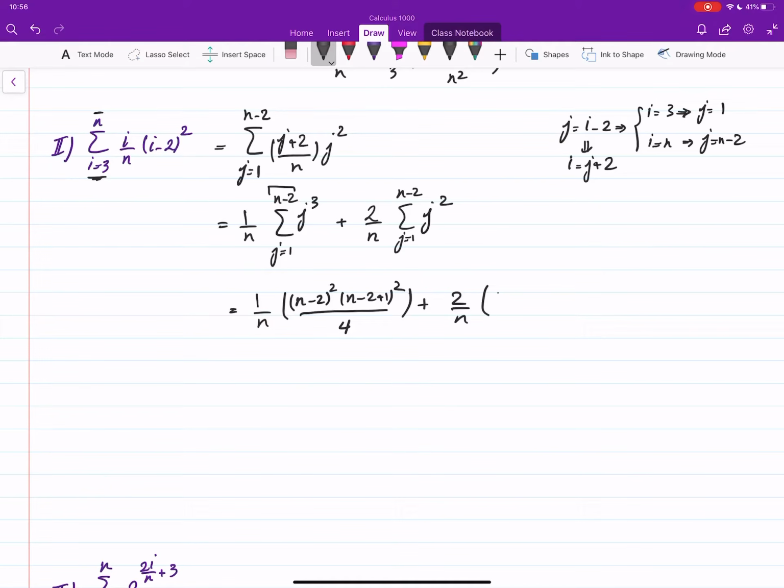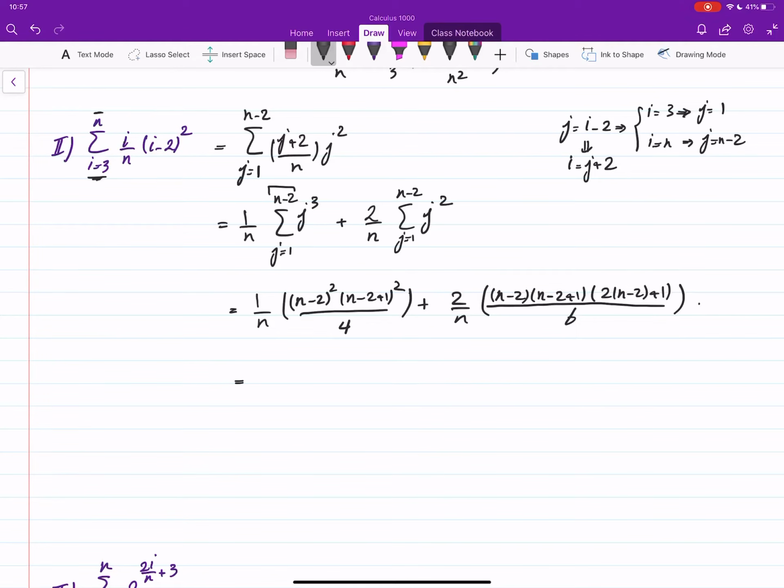This will be (n minus 2) times (n minus 2 plus 1) times (2(n minus 2) plus 1) over 6. And that's what we need to have in this case. You can simplify a little bit more, but basically that's the formula.